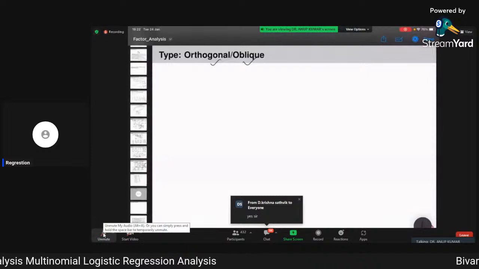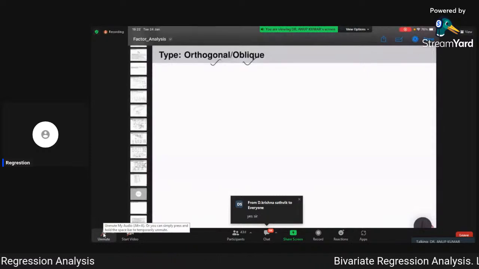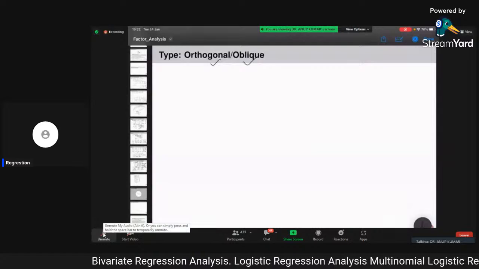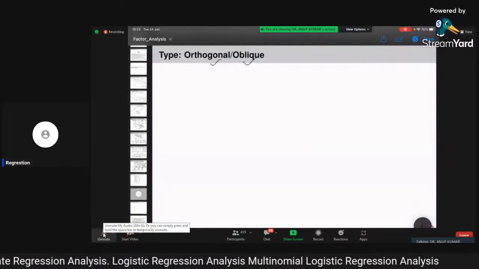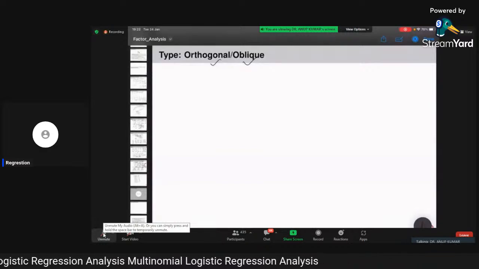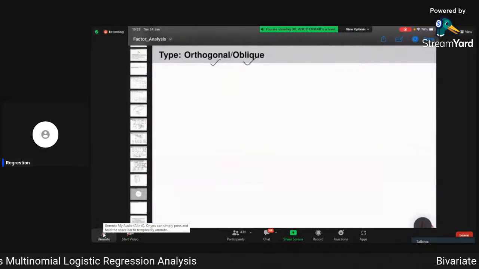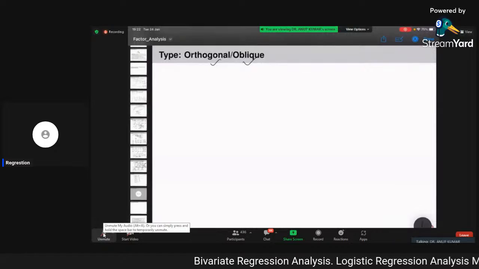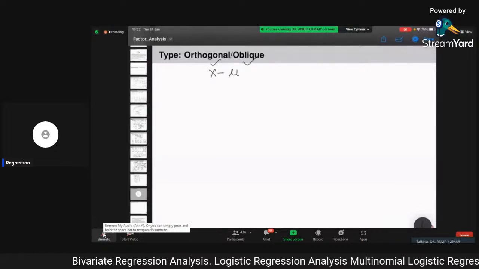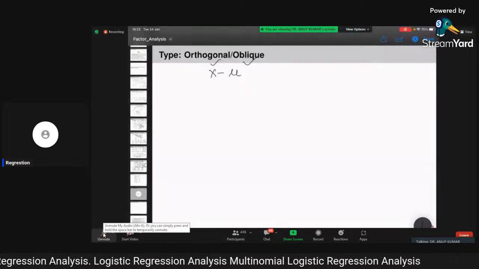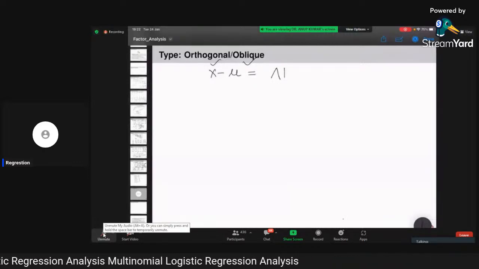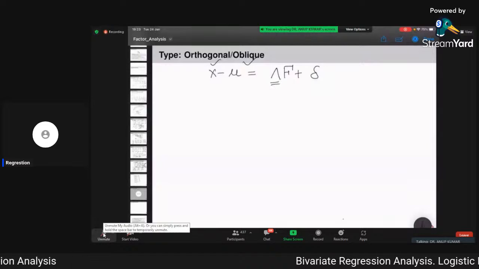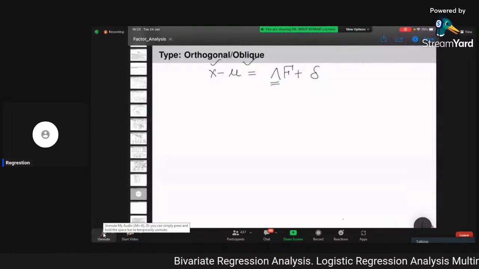Now, what is very important for all of us to understand at this point is, as I have already written, that x minus mu is equal to this, and this is our factor loading.